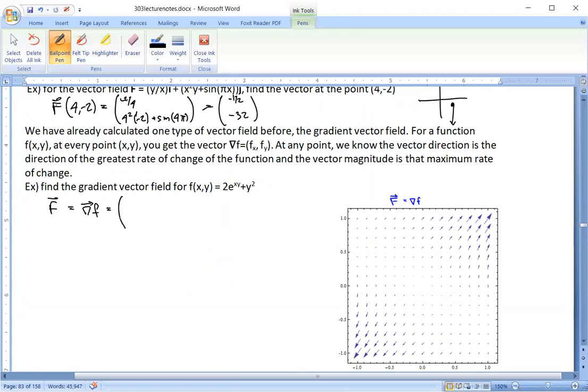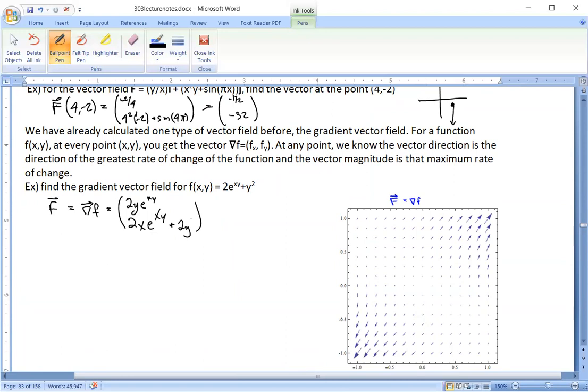That's df/dx, so 2y e to the xy, and df/dy, 2x e to the xy plus 2y. So there's the gradient which you've calculated before, but now we can also think of this as the vector field, and that is now graphed on the right.